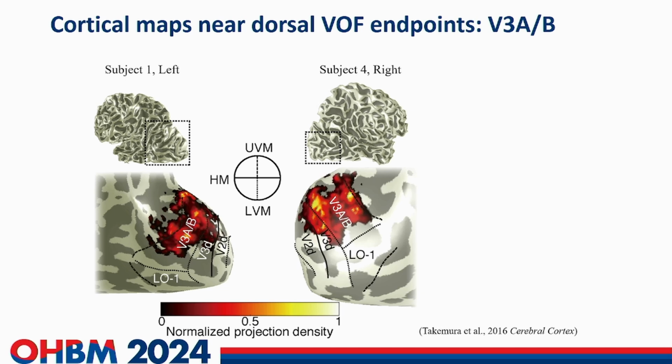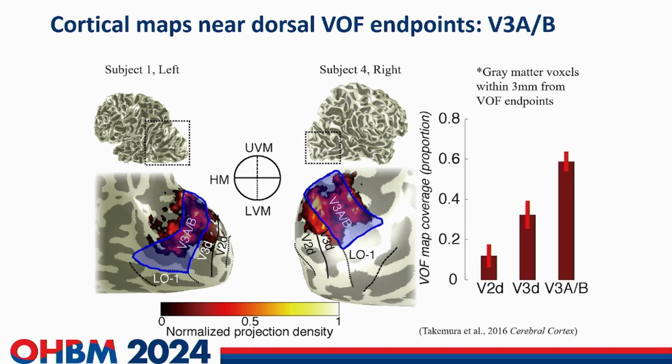We delineate boundaries between different visual areas, based on functional MRI retinotopic measurements to define area borders. As you can see, we consistently found that the VOF has endpoints near the area called V3A/B. This is an area often omitted from models, but we can see the prominence of the cortical endpoints of this pathway in this area and the surrounding areas.